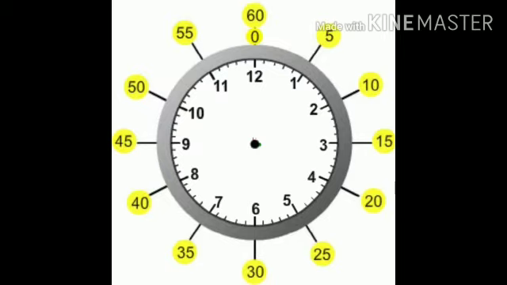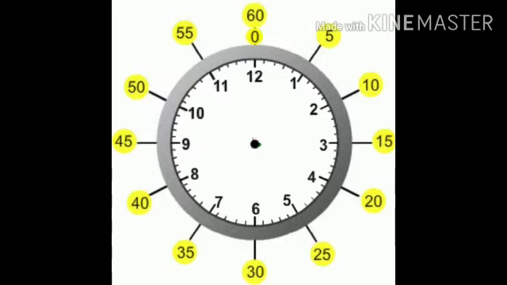We already know that there are 12 big divisions marked on the clock, like in numbers 1, 2, 3, 4, 5, 6, 7, 8, 9, 10, 11, 12. As we can all see, a clock has been divided into 12 segments or numbers.